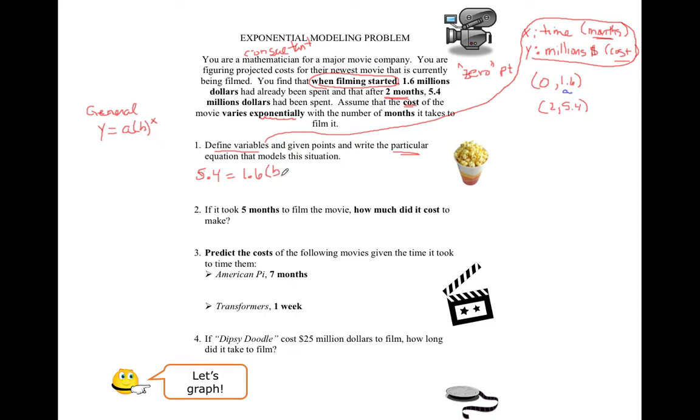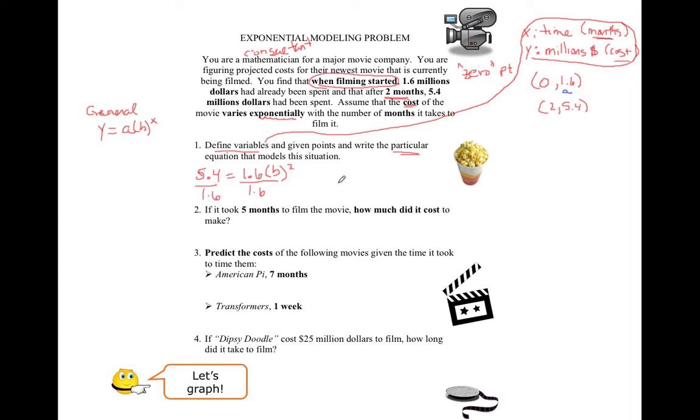But I don't know the base, but I do know that when filming had been for 2 months, I spent $5.4 million. Now, I know this is a squared. I kind of regret making it a squared because I'm going to do this problem as if I don't know square roots, okay? So the first thing I'm going to do is divide both sides by 1.6.